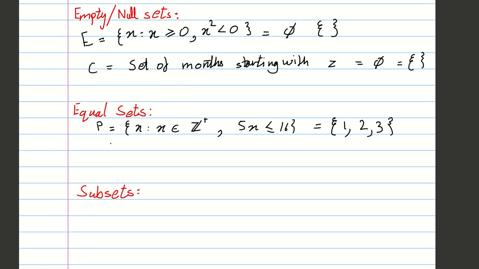Then another set is Q, which is going to be equal to x such that x belongs to all positive integers and x square is less than or equal to 15.